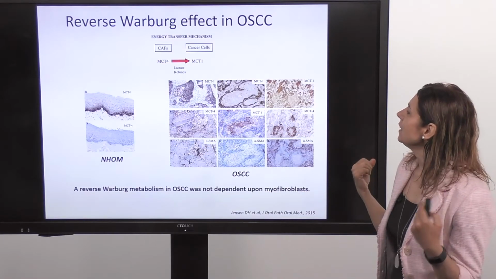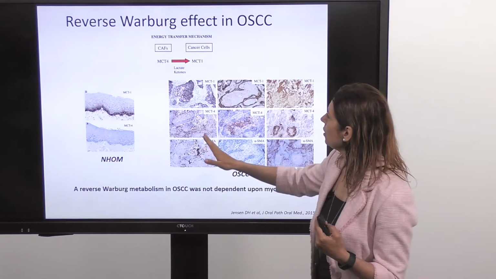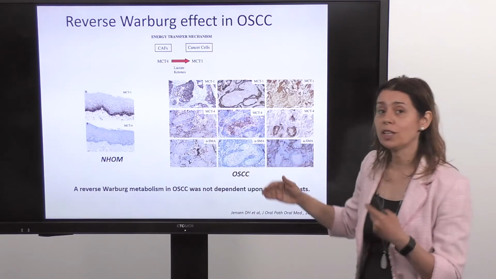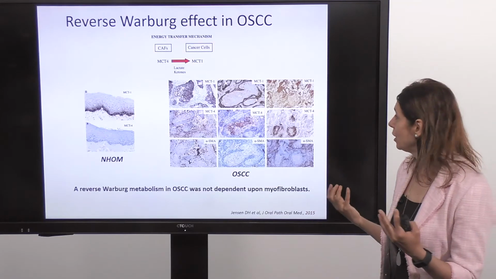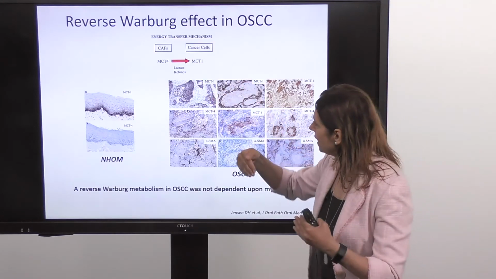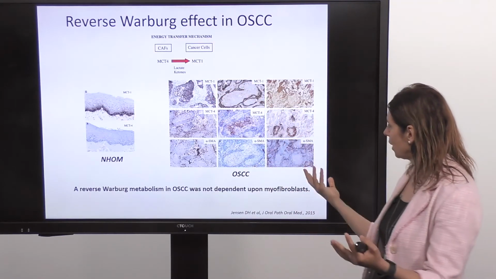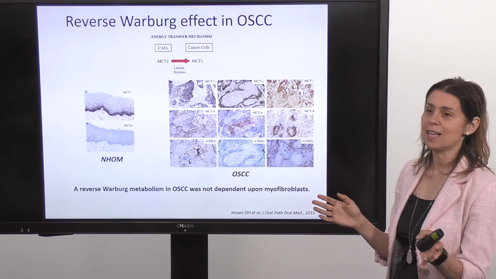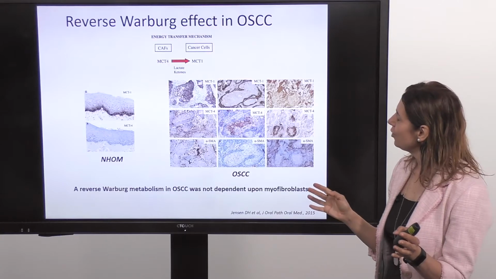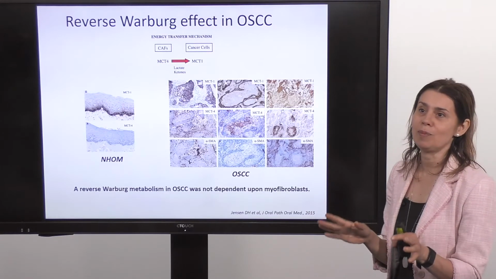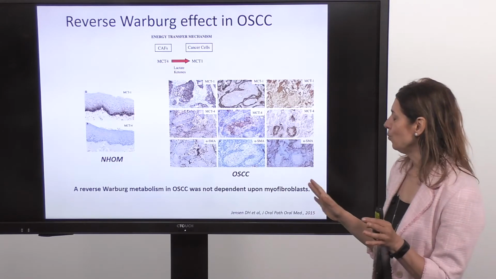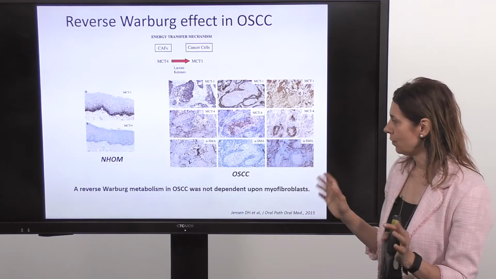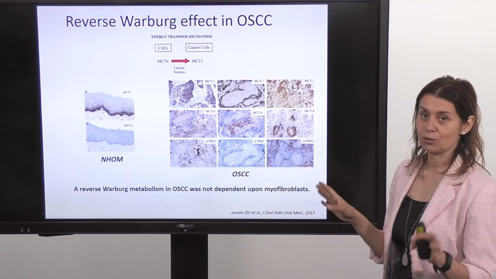And interestingly, they did serial sections for MCT1 and MCT4, and they showed that they were mutually exclusive. So the transporter in was in cancer cells, while the transporter out was in fibroblasts. However, not all the fibroblasts expressed this. And even more interestingly, it looks like it was not colocalized with the myofibroblasts. So their conclusion was that yes, a reverse Warburg metabolism might be present in oral squamous cell carcinoma.